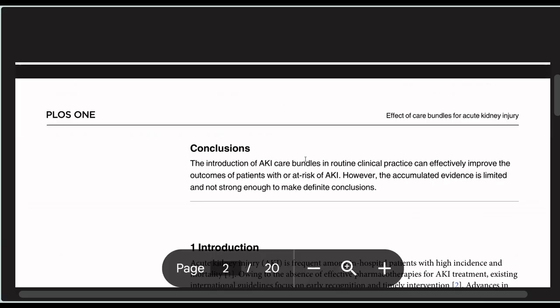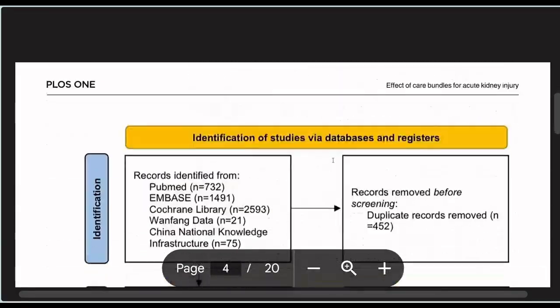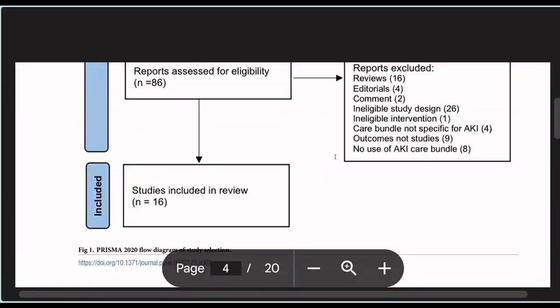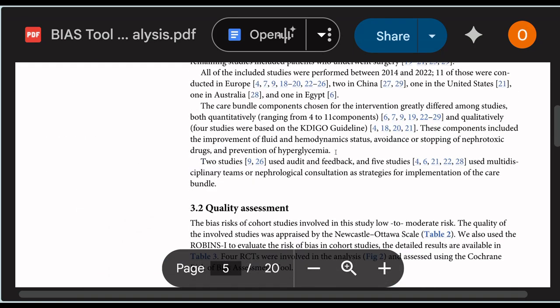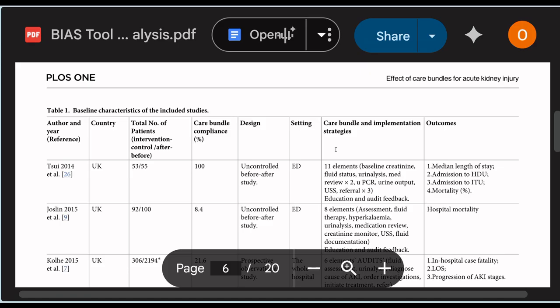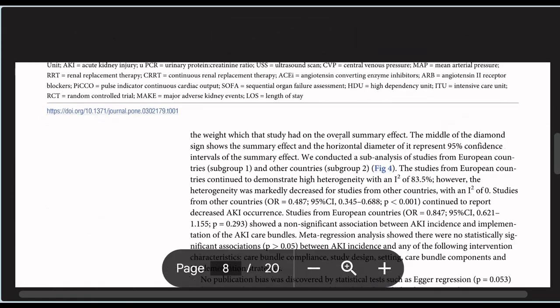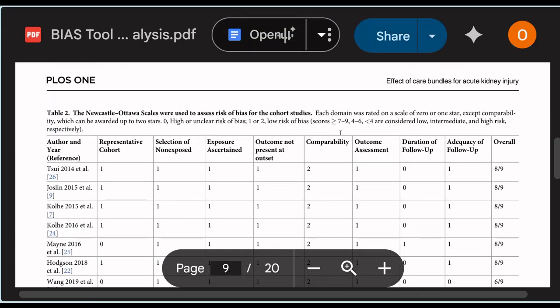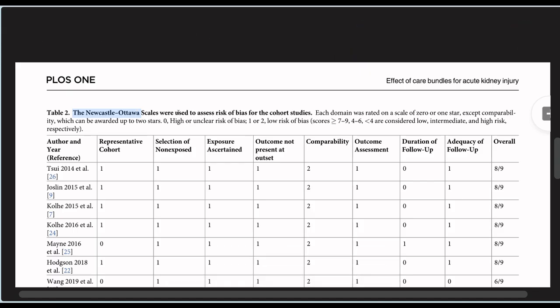If you go down this study, let me scroll down very fast before we go back to our slide. This is their PRISMA, and let's look at somewhere down. All right, look at this. This is another quality assessment tool. So now you can see they say Newcastle-Ottawa scale were used to assess risk of bias for the cohorts.